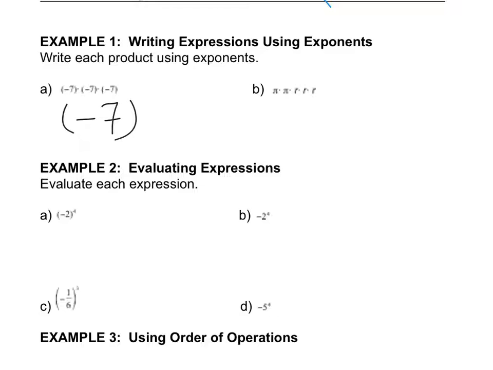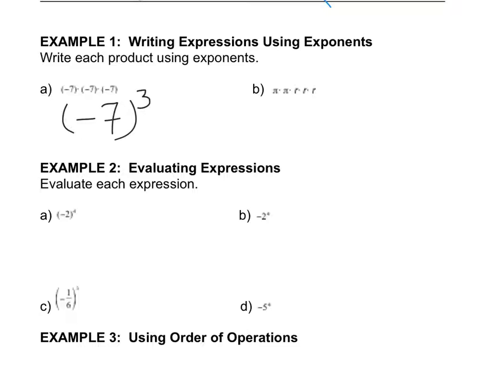And then the exponent is how many times we are multiplying that number. If I look at this, I see 3 -7's. So this would be (-7) to the 3rd. Now in this case, it really wouldn't matter if you had those parentheses or not, because -7 to the 3rd with parentheses or without them would still be a negative answer.